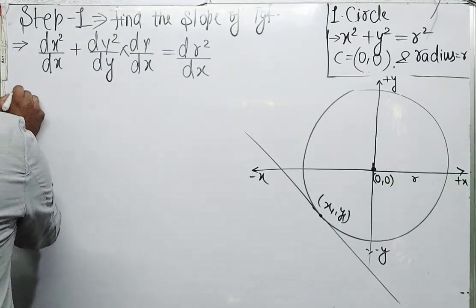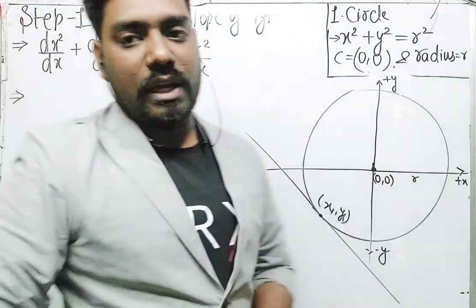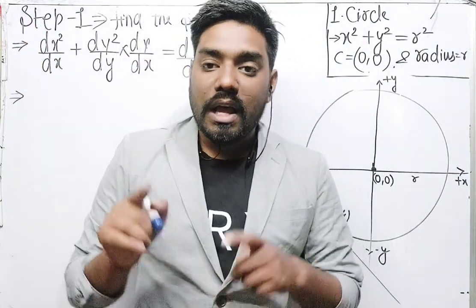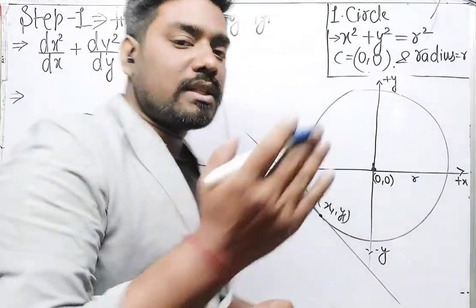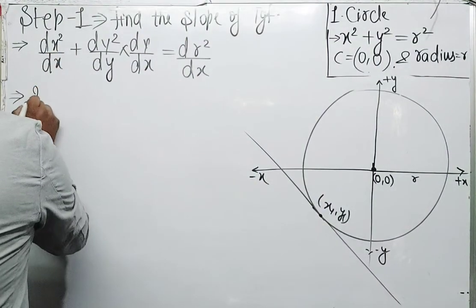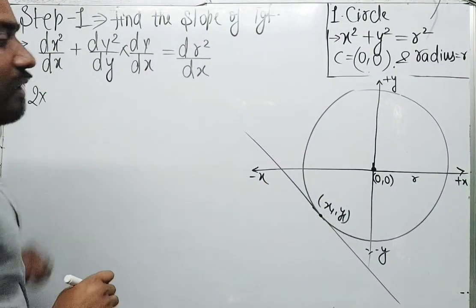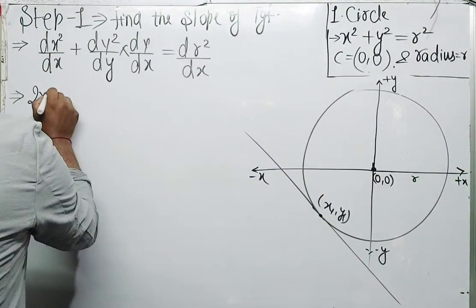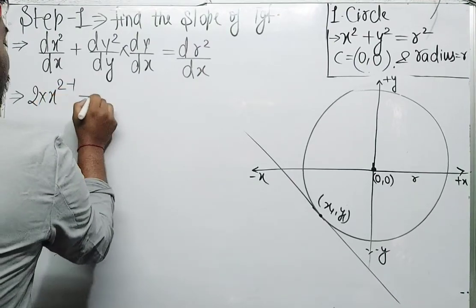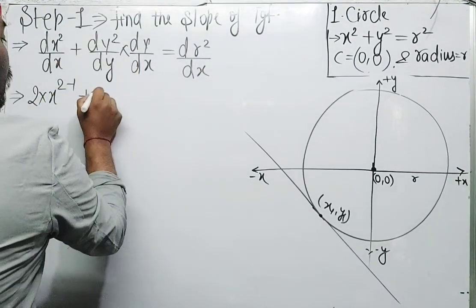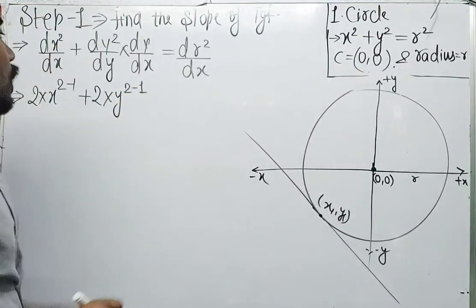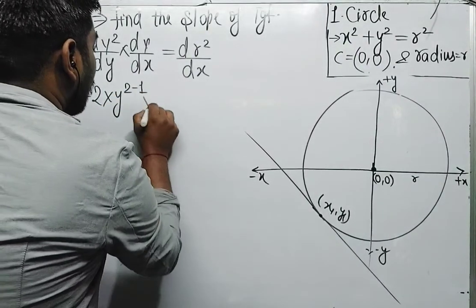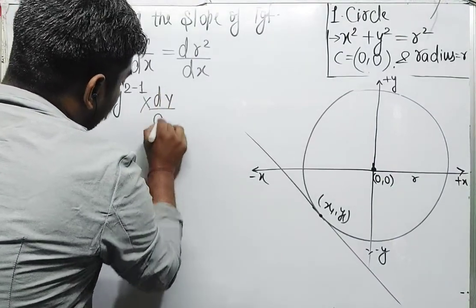We have the formula for x to the power n in differentiation: n multiplied by x to the power n minus 1. Instead of n we have the value 2. So 2 into x to the power 2 minus 1, plus 2 as the coefficient and subtraction of power 1 in case of y, into dy upon dx. Understood?